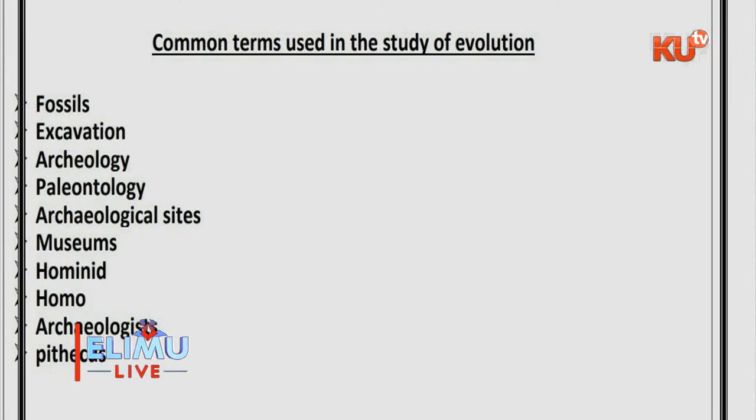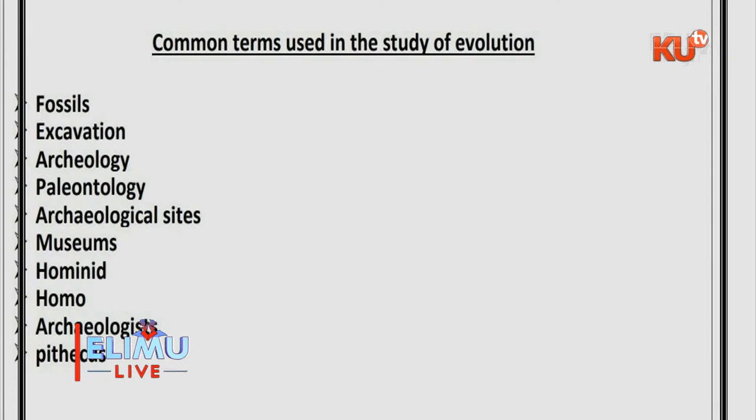What is archaeology, paleontology, archaeological sites, museums, hominid, homo, archaeologists and pithekas? Use the number that you can see on the screen to give us the definition of the words, because we will be mentioning them as we move.